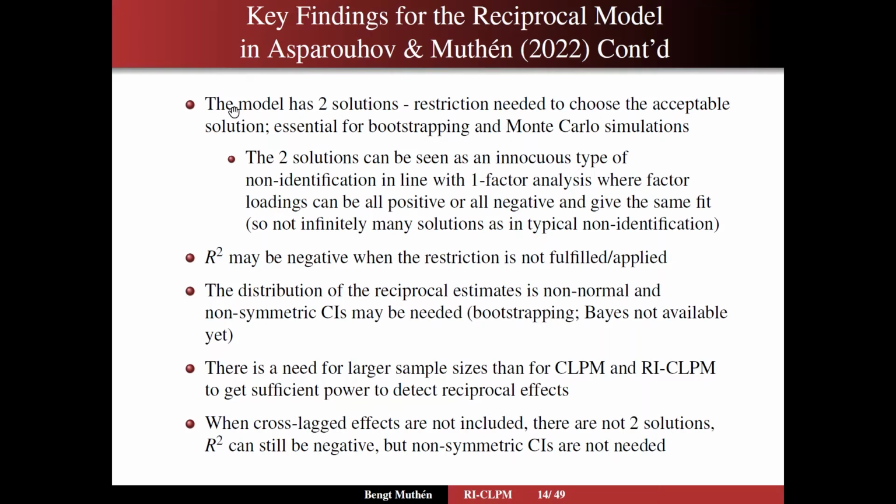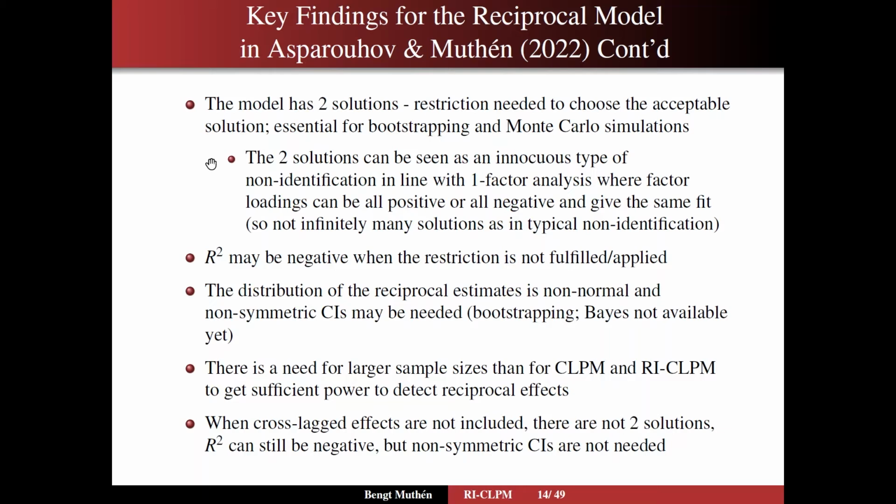One needs to impose a restriction to choose this acceptable solution, and that's essential for bootstrapping and Monte Carlo simulations, where you have different draws or different replications, and in one draw or one replication you get one of the 2 solutions and in another the other solution. So then you're mixing apples and oranges, so you need a restriction.